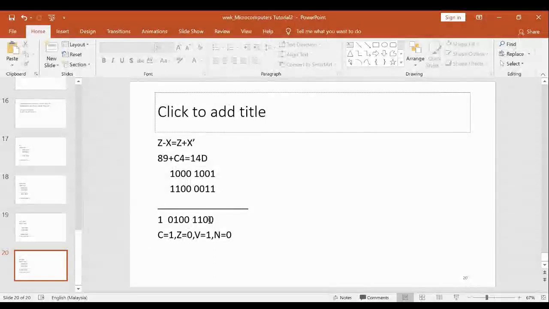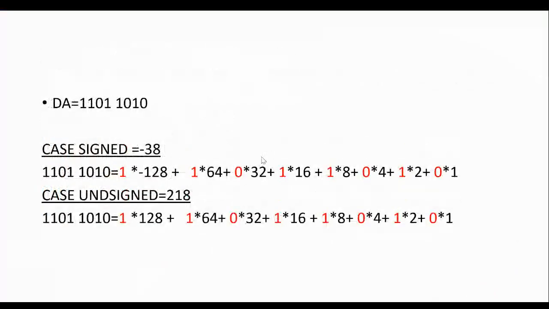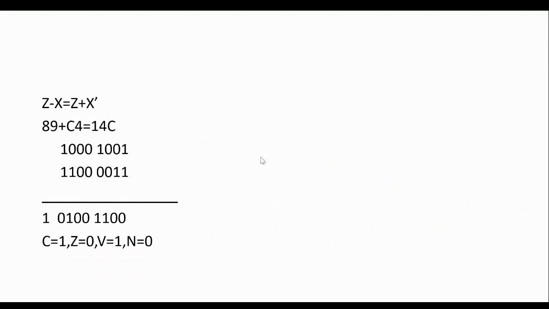Okay, this is C. So you have 14C. So this is 1, 4, and this is C, because 1100 is C.